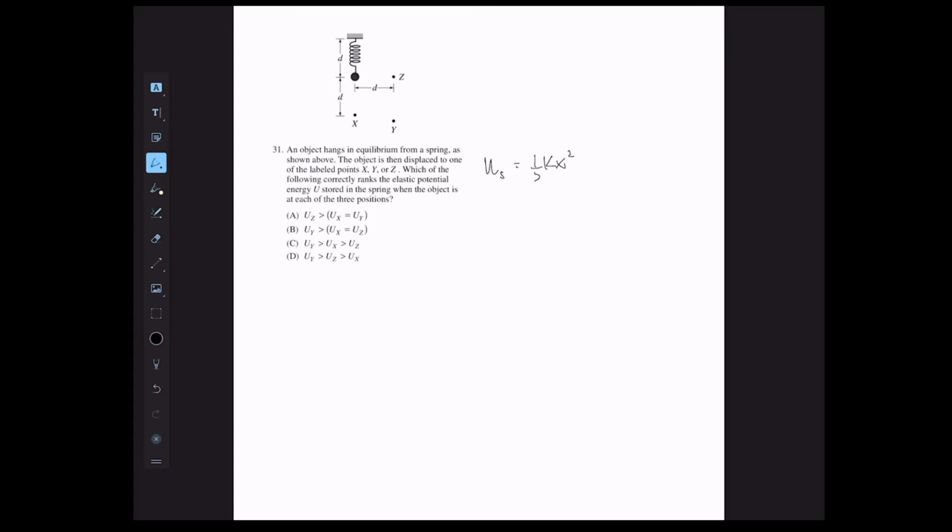But we do know that for point Z, the spring will be stretched so that x will be increased by an amount that's less than D. And for point Y, the spring is stretched so that x is increased by an amount greater than D. So Y is the most, then X, and then Z. So C is the answer.